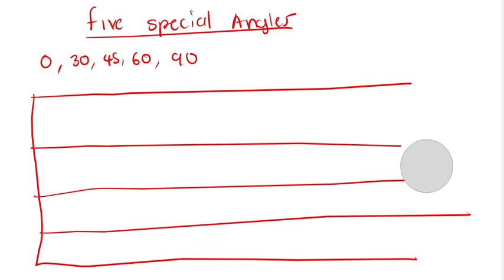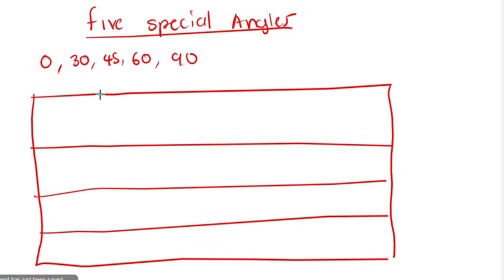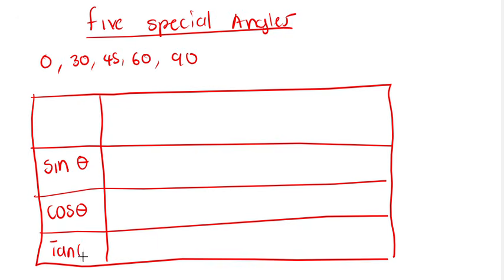Let me use some space so that we have more room. With the first thing you put sine theta, then the next thing we put cos theta, and the other thing we put tan theta. So that is it.